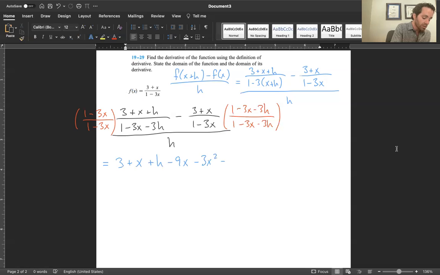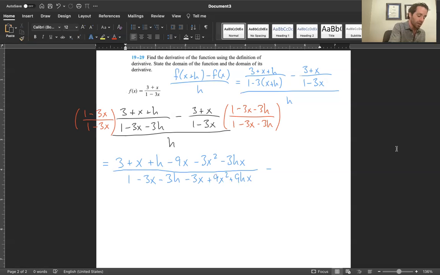Times h is minus 3hx. On the bottom, 1 times 1 is 1. Then minus 3x. Then minus 3h. Then minus 3x. Then plus 9x squared. Then plus 9hx. And unfortunately, we're going to have something just as complicated on the other side.